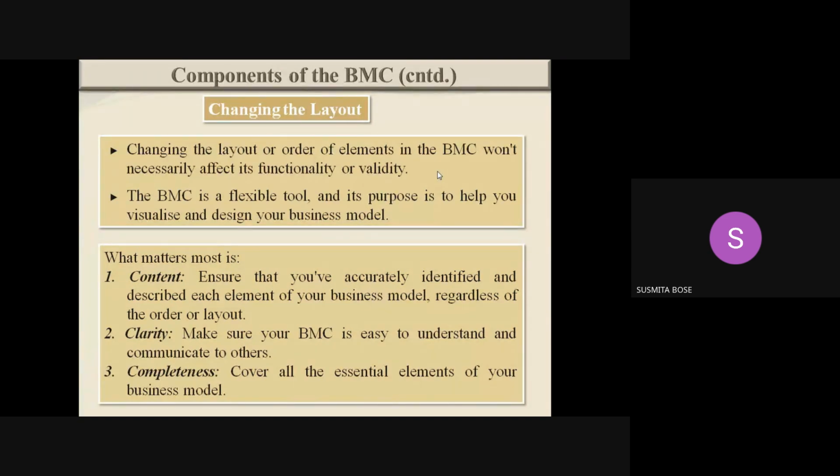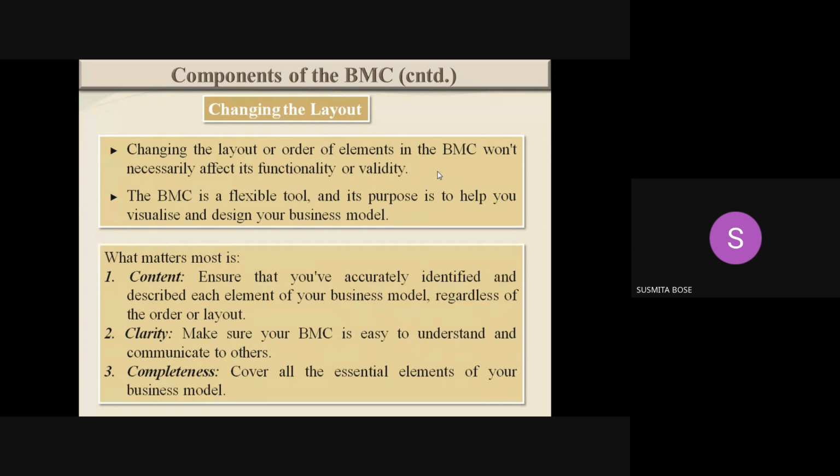So if you change the order a little bit or layout a little bit, it will not affect that much. What matters most is that you have accurately identified and described each element of your business model, regardless of the order or layout. So order or layout is not that important. Important is the content. Important is the questions or the points that you have written.